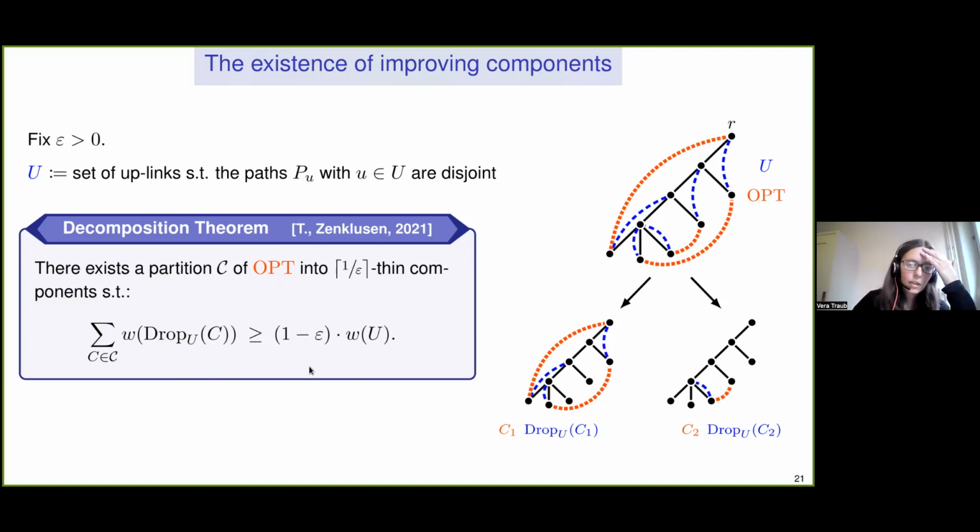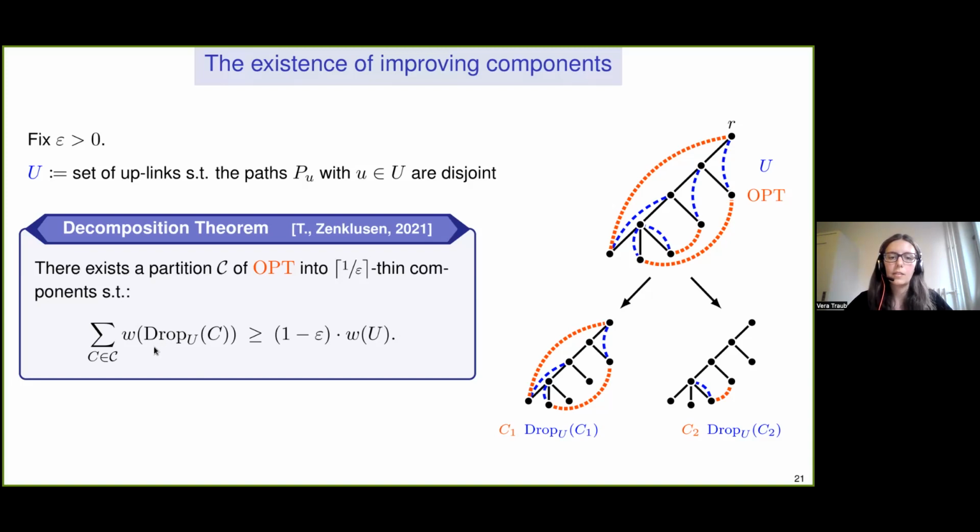So let's think a little bit about what this lower bound here does. In some sense, the best thing that we can hope for if we partition our optimal solution into components and look at the size of the drops of these components, the best thing that we could hope for in general is essentially that every uplink in U is contained in one of these drop sets.